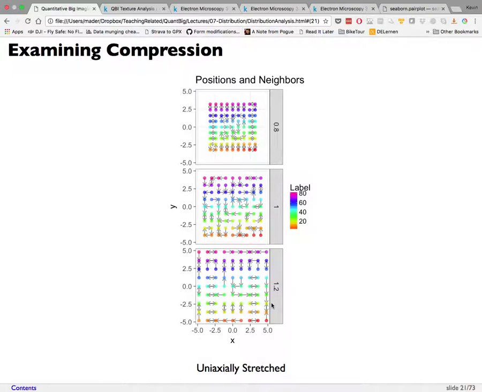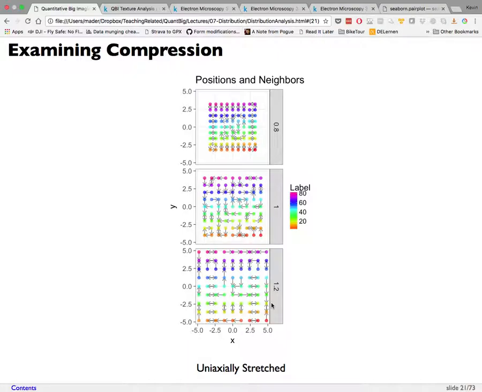And so how would you expect nearest neighbor to change with this system? Yeah.